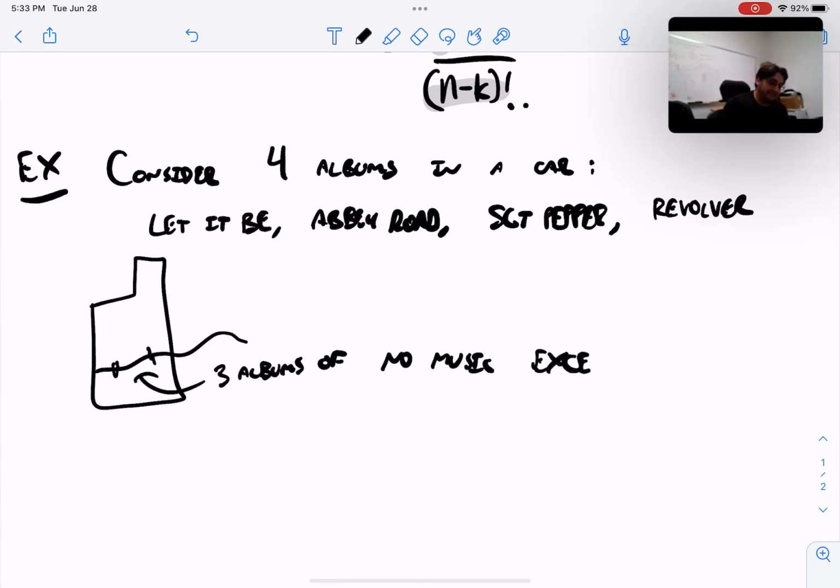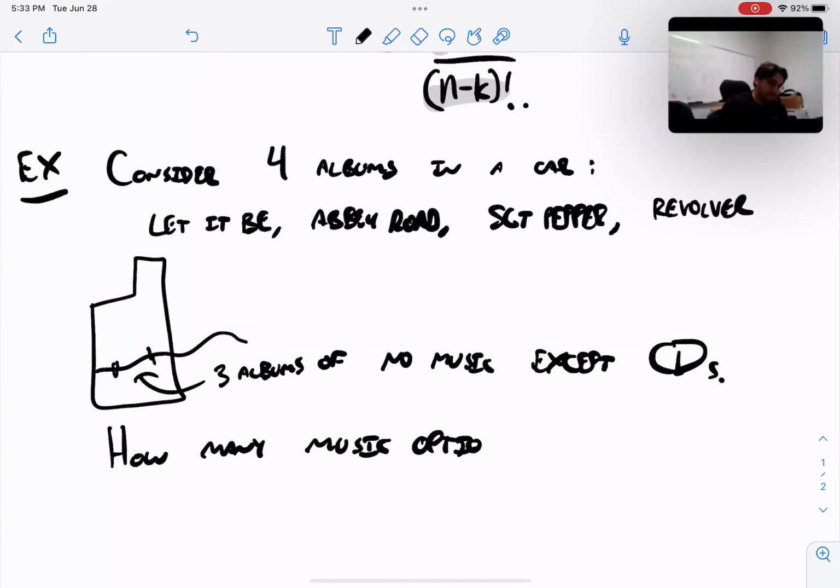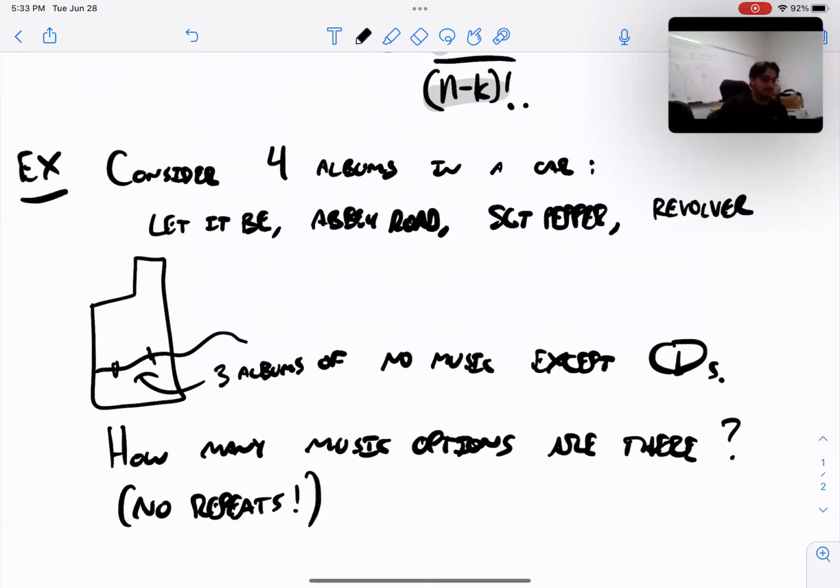And I want to know how many different ways can we pick the CDs? How many ways can we DJ for ourselves? How many music options are there for that part of the road trip? And we'll say no repeats. Once we listen to the album start to finish, we don't just play that album again. Rather than listening twice in a row, we always change the CD up.